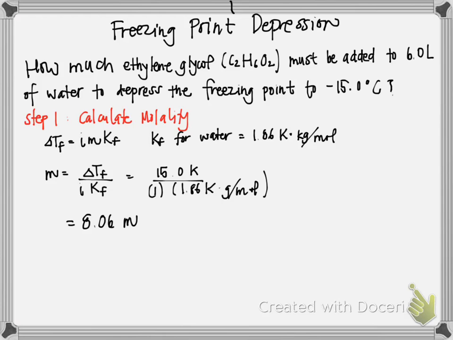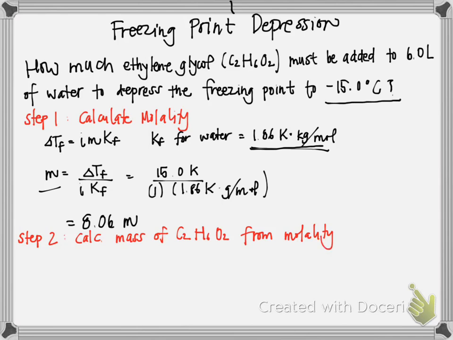So step 2 is to calculate the mass of C2H6O2 from molality. So we have molality equals moles of the ethylene glycol over kilograms of the solvent.